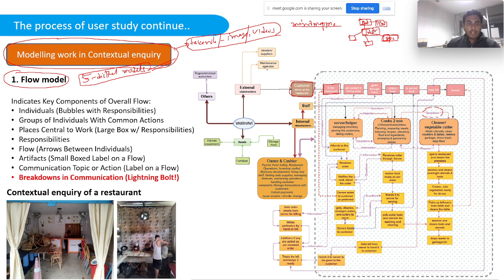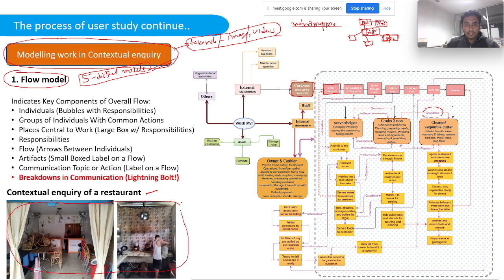Okay, so let me give an example here. I'll not discuss how this is formulated, but I will rather try to retrieve information by looking at this particular flow model. Okay, so imagine, this is basically a student project, and this is a flow model for a restaurant.